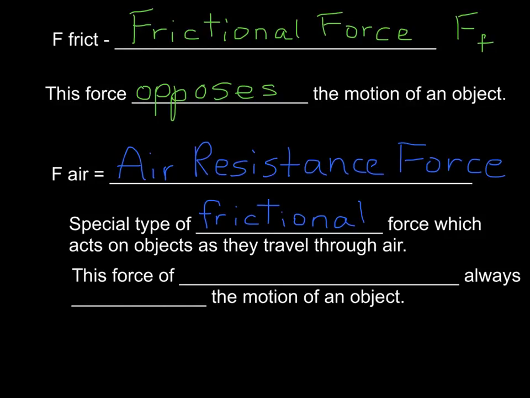Because it's a frictional force, this force of air resistance also always opposes the motion of an object. That means if you have an object that is falling down, air resistance is a force that is acting in the upwards direction. It would be trying to slow that object that is falling.